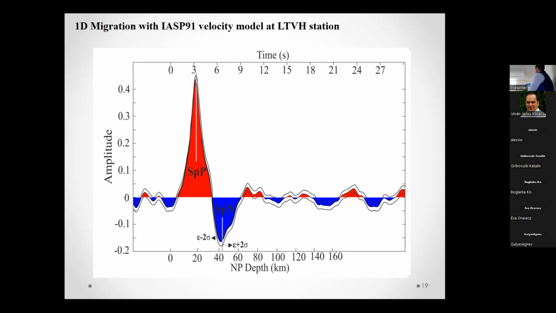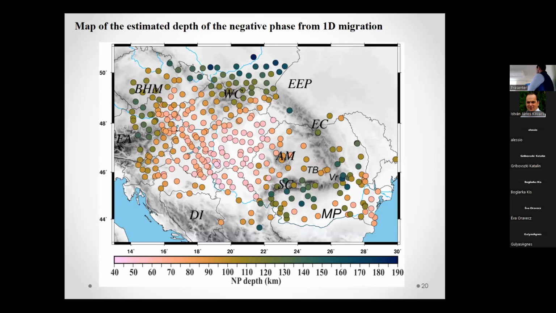So this map shows the estimated depth of the negative phase depth from the 1D migration. So we see the thinner part of the lithosphere located beneath the Great Hungarian Plain, and the thicker part located outside the Hungarian territory.